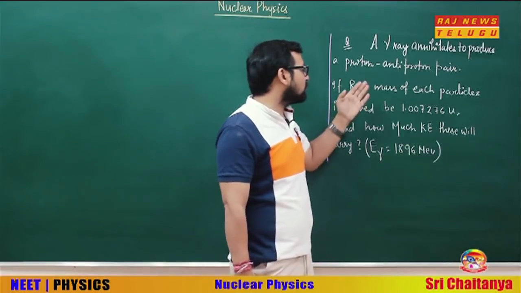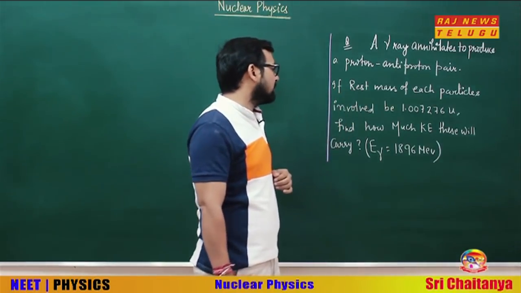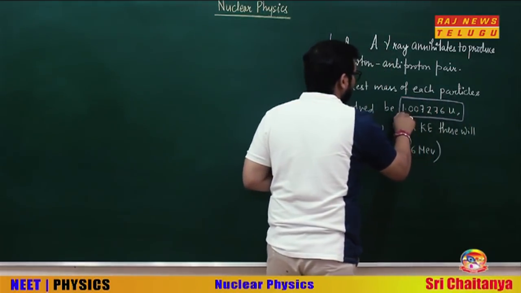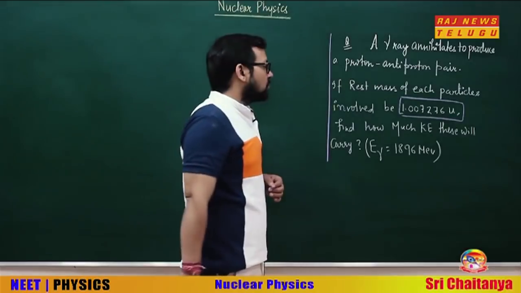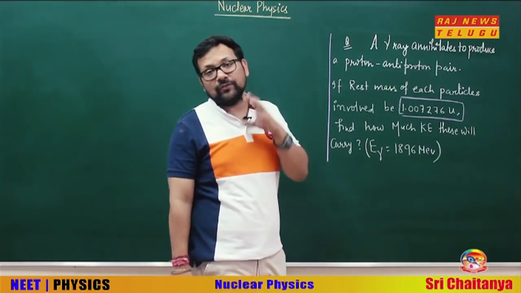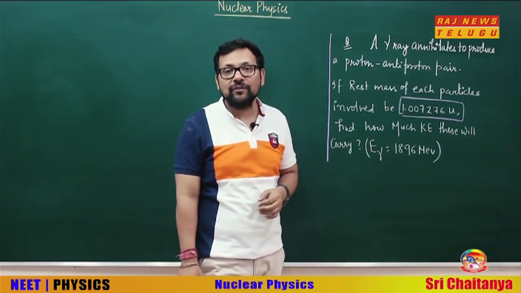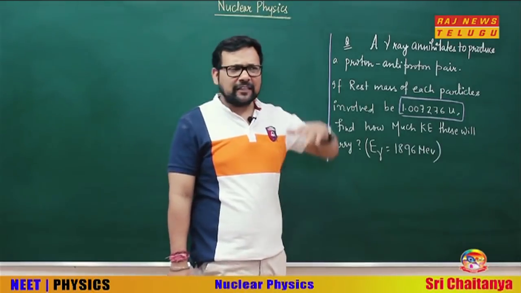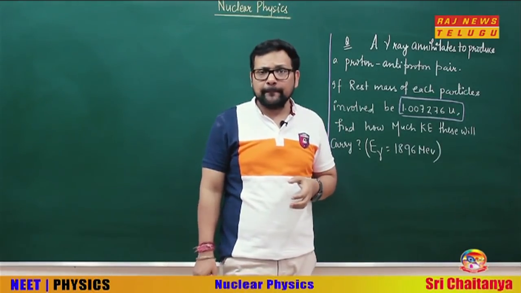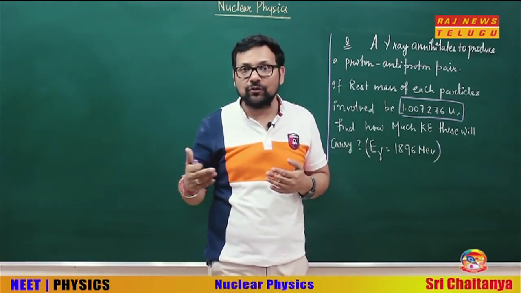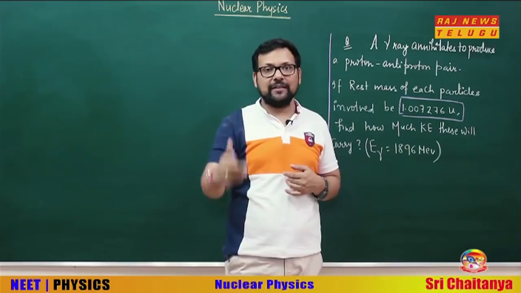If the rest mass of each particle involved is given, see this rest mass, this is for proton and antiproton. This is going to produce a very significant amount of energy on the basis of mass energy equivalence. See, the electron's mass is very less, so the energy produced over there was 1.02 mega electron volt, again very less.